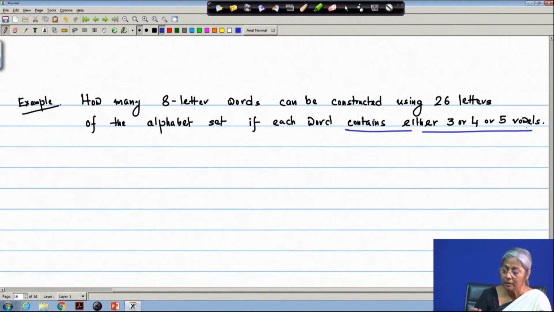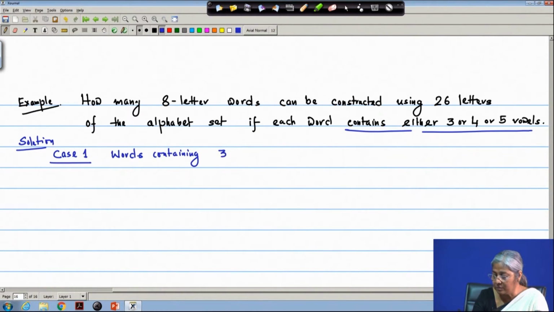Okay. So, first I consider the 3 vowel case. Case 1: words containing 3 vowels.